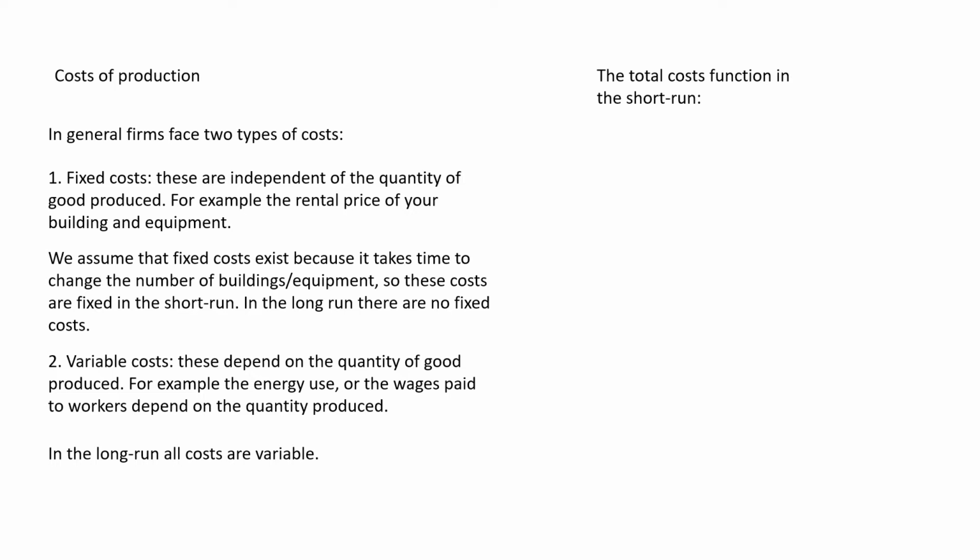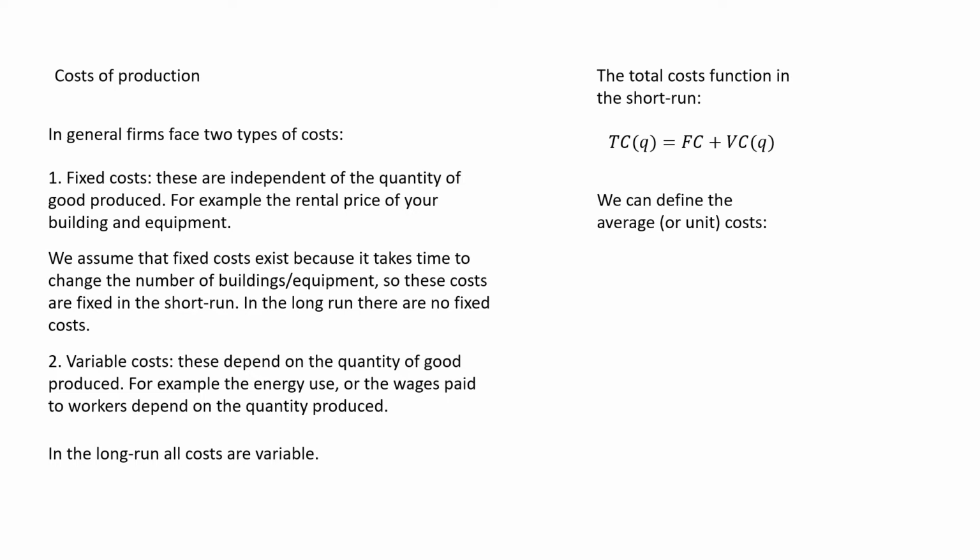The total cost function in the short run, hence, is nothing else than the sum of the fixed cost plus the variable cost, where within parentheses Q simply represents that these quantities depend on the output. We can define two important derivatives of this cost function.